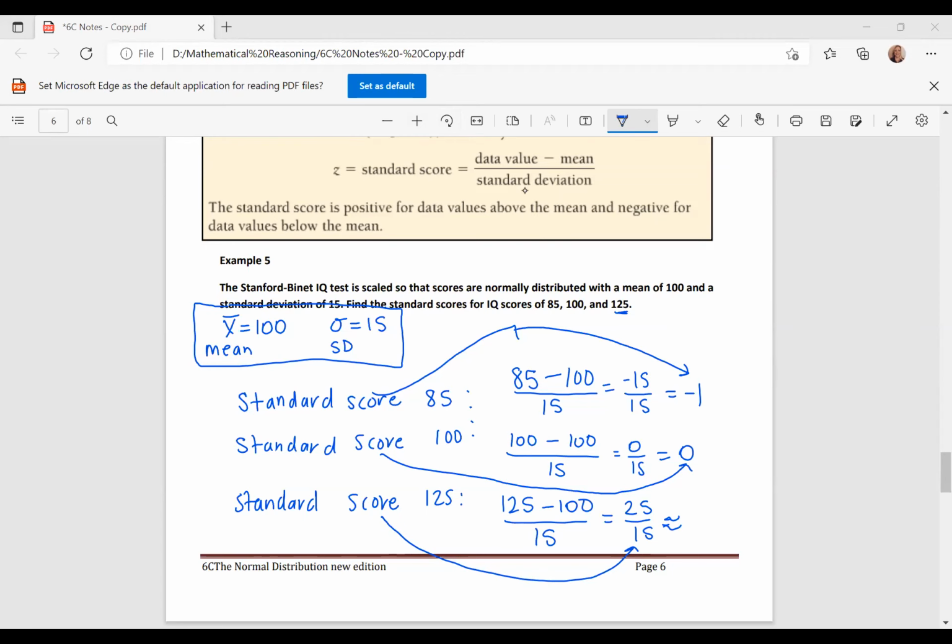Yes, it's approximately, if we round, about 1.67, but yes, that is correct. So that's going to be our standard score.